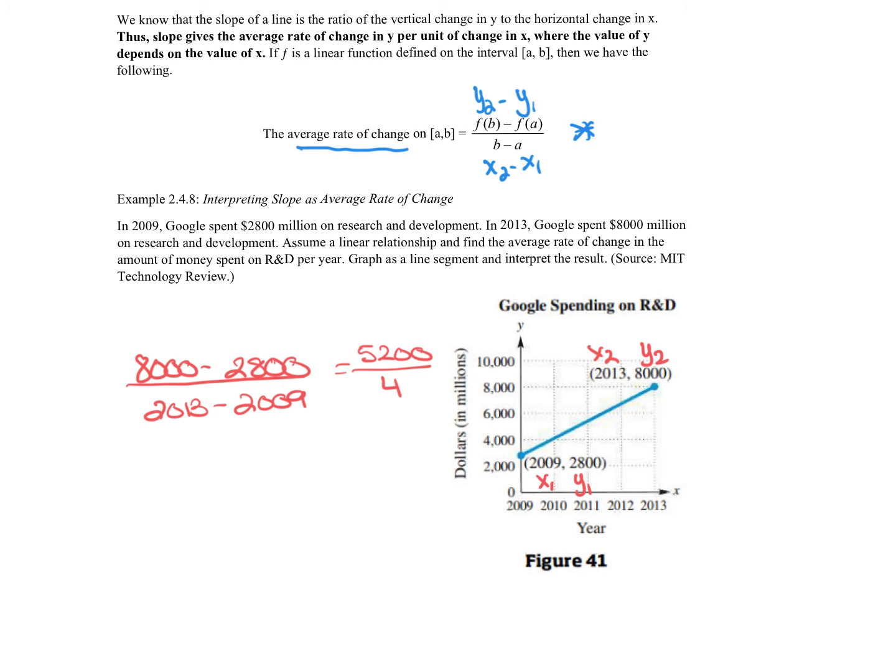You can reduce that. It comes out to 1,300 billion per year. It's an increase of, on average, 1,300 billion per year that gets spent on research and development.